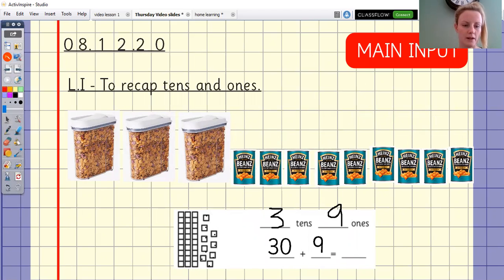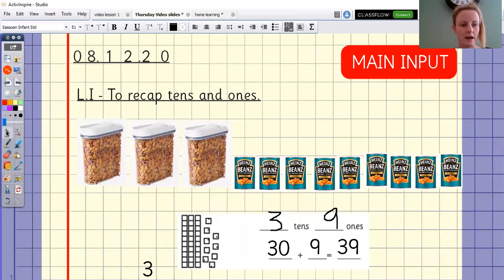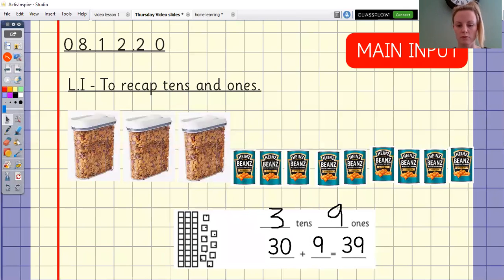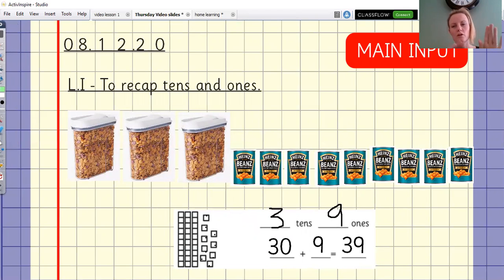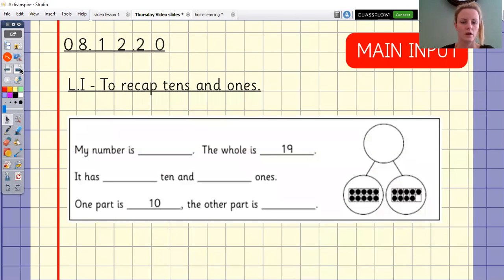Okie dokie. So now I need to complete my number sentence and write my number 39. There we go. So that is how you would work out some of those questions. Okay, so I'm just showing you a few different ways you can do it, so that your adults are able to support you and you can remember how we have done it in the past.